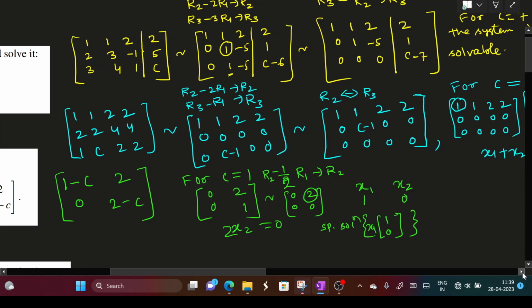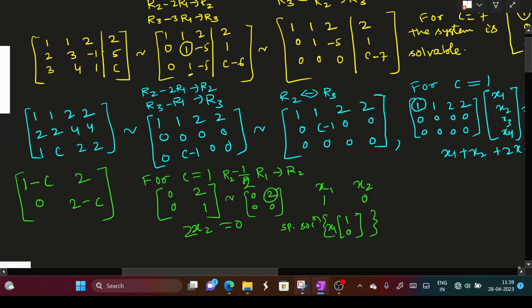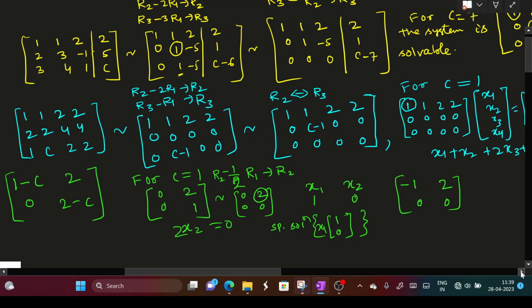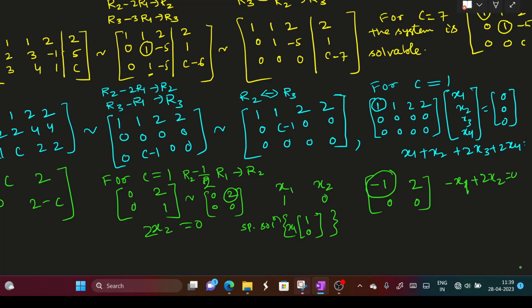Now another case is c is equal to 2. When c is equal to 2, it is -1, 2, 0, 0. It is in echelon form. So here this variable is the pivot variable, so the second variable is free. The equation is minus x1 plus 2x2 is equal to 0. Now here x1, x2 are my variables, and I will assign value 1 to the free one. Substituting 1, it is 2.